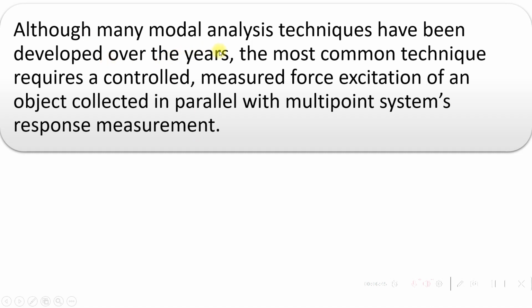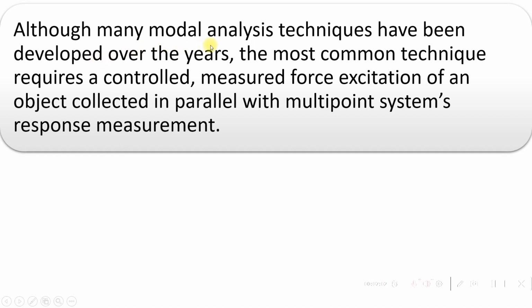Although many modal analysis techniques have been developed over the years, the most common technique requires a controlled, measured force excitation of an object collected in parallel with multi-point system response measurement.